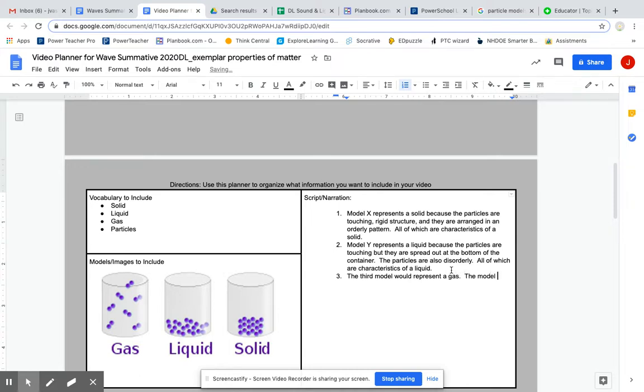The model would show particles throughout the container, which is a characteristic of gases, possibly even showing particles exiting the container.